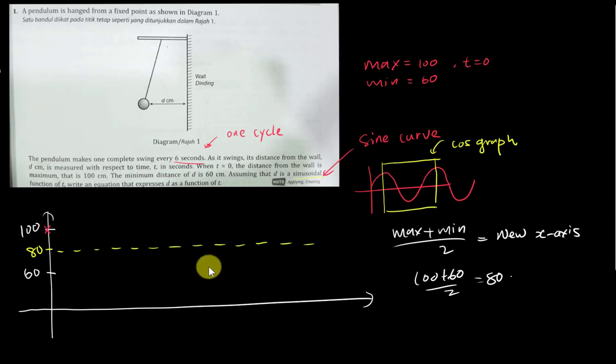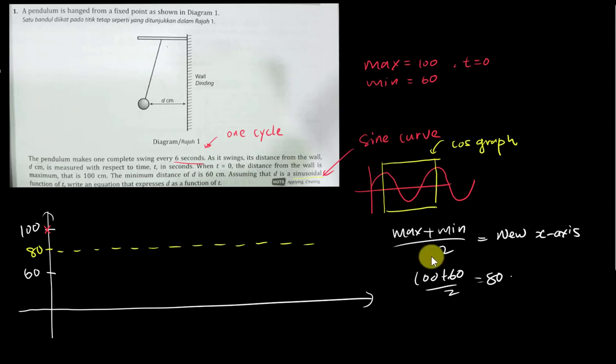So my graph must start from 100. It is not the sine graph anymore, because a sine graph must start from 80, right? If this one were a sine graph, it should always start at 80. So you will have something like this. But in this case it is not. One complete cycle here I haven't solved yet.